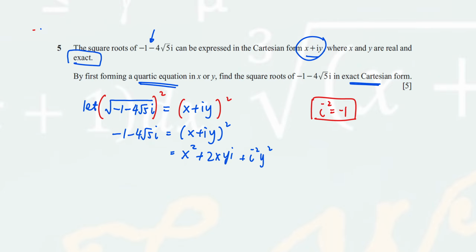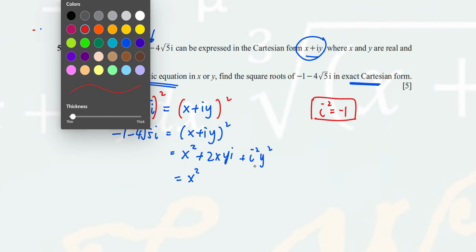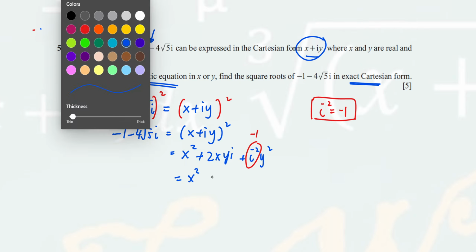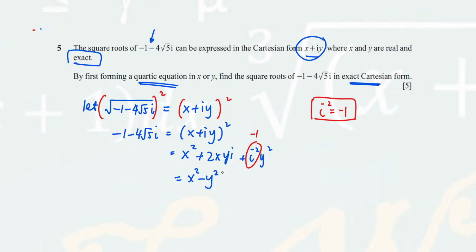So the last term I will change to -1 times y squared, which is -y squared. And this term without i, I will group together with x squared. That will be my real part. Then I will write plus 2xyi.